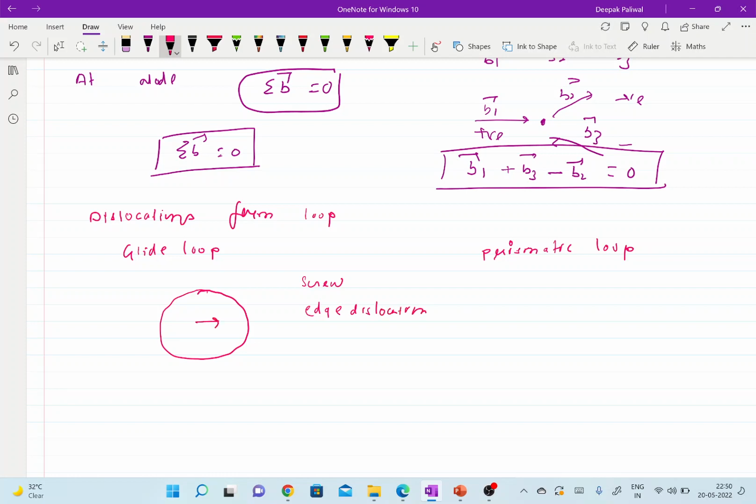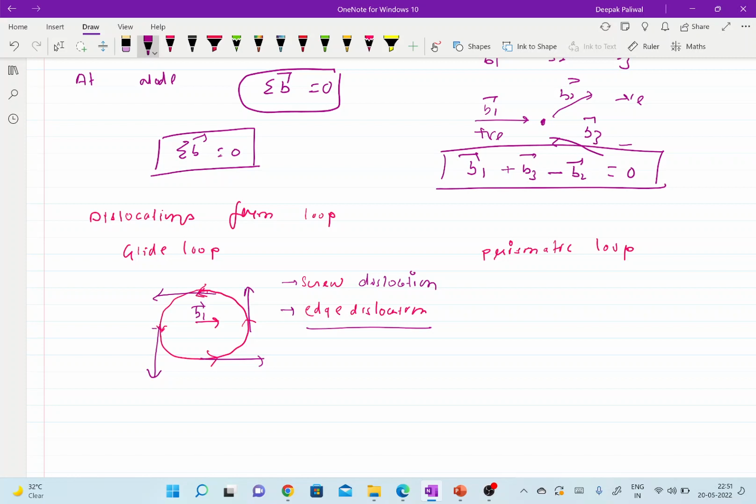This is the Burgers vector direction and this is the loop direction. Let me draw the tangent vector. Here we have a tangent, here we have a tangent, here we have a tangent, here we have a tangent. This kind of loop is known as the glide loop, in which both screw dislocation and edge dislocations are present.